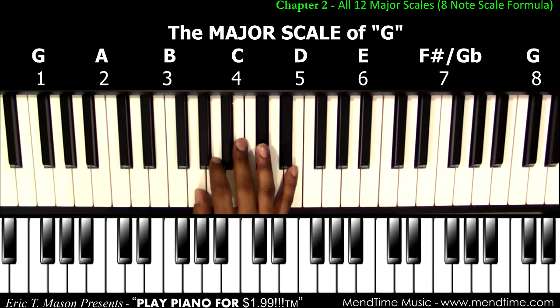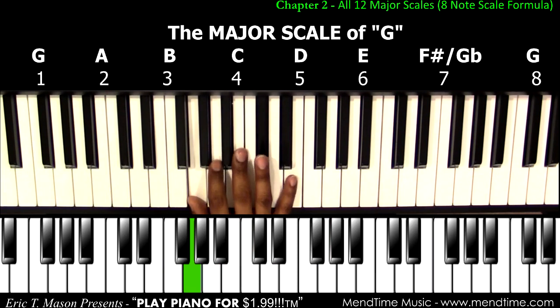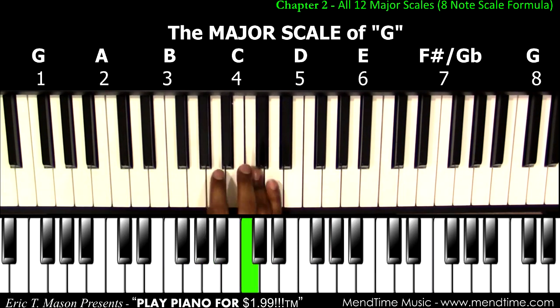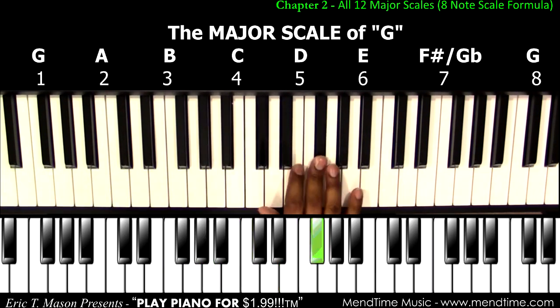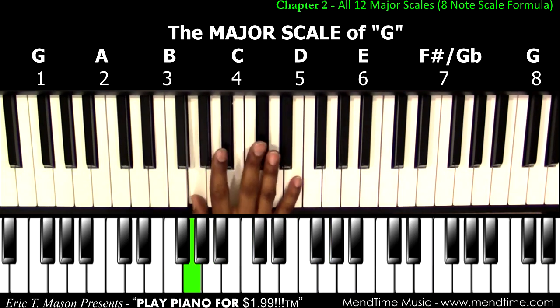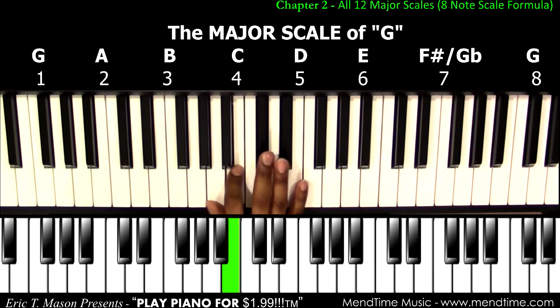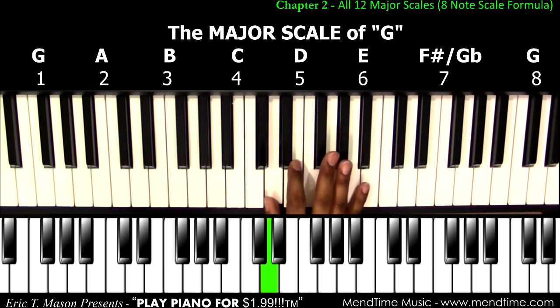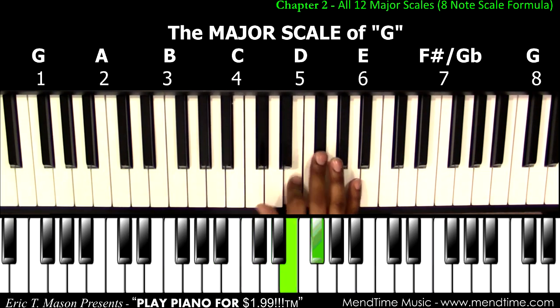Again, starting at 1. So what you should have said was G, A, B, C, D, E, F sharp, G flat, G.